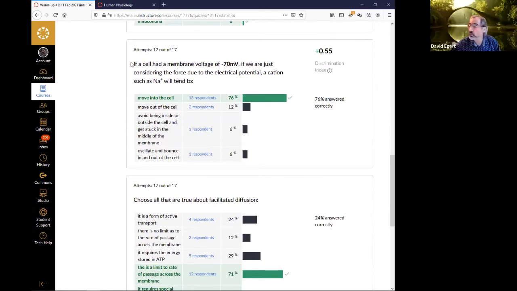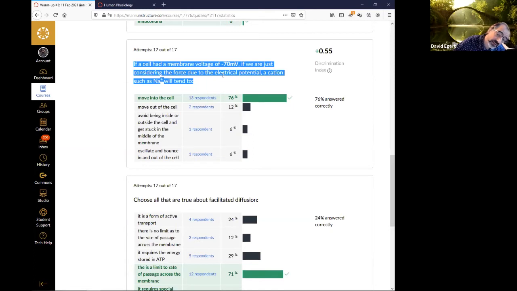So this one's a little trickier. Here we only got about three-quarters of the people who answered. And we should talk about this because this will be important as we continue on. If a cell membrane has a voltage of -70, we have to remember that the convention is that the voltage is the inside with respect to the outside.